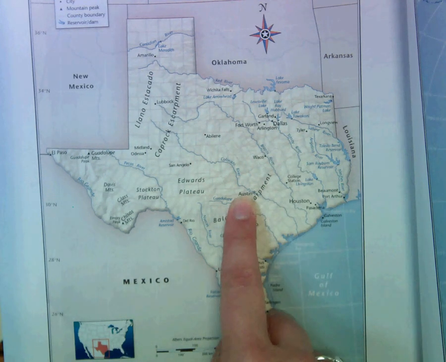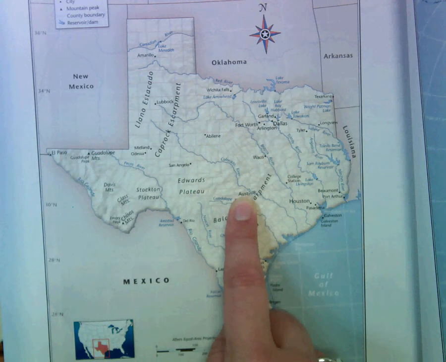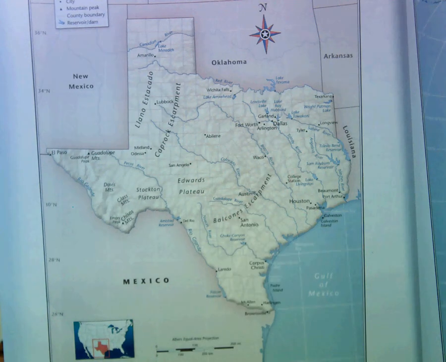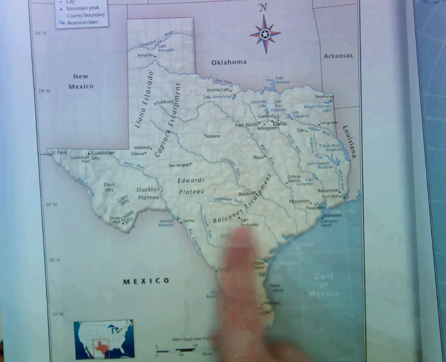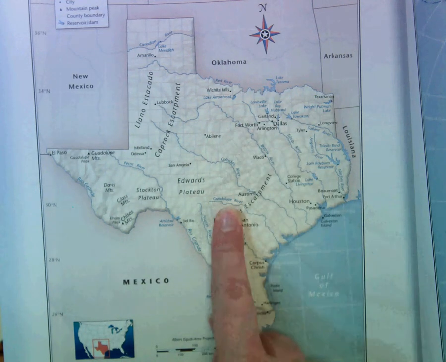The Mississippi River is a prime example of that. Does the Mississippi River transport goods north and south? Yes. La Salle discovered that, didn't he? When he came from Canada and went down and ended up in the Gulf of Mexico. So people always settle around the rivers first.